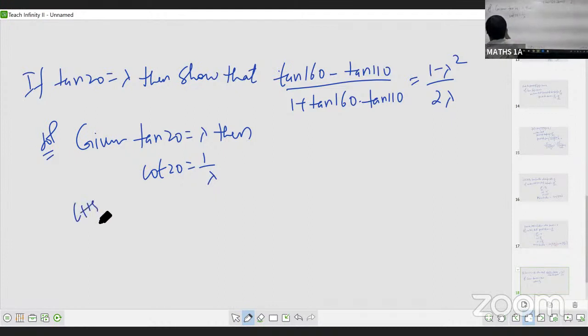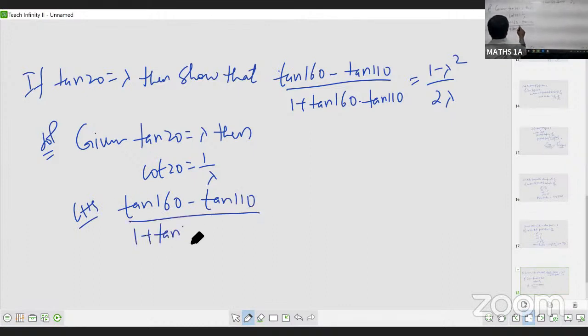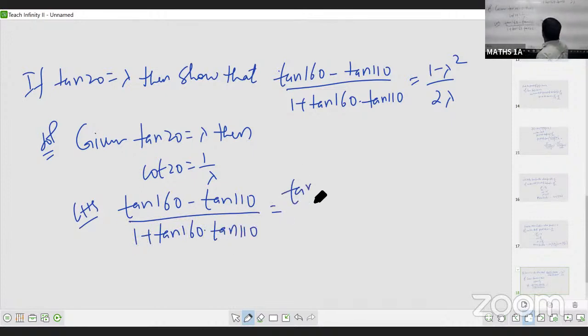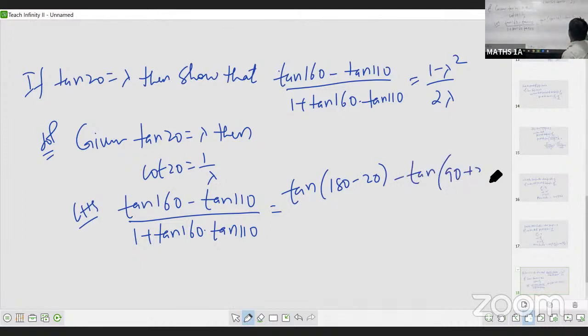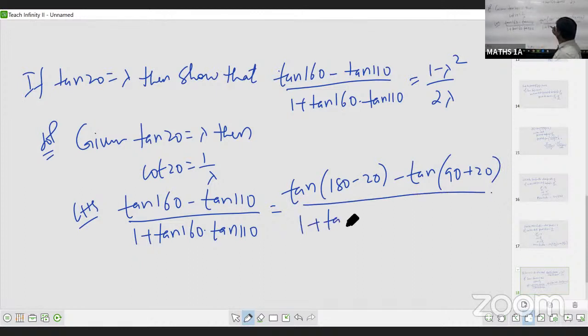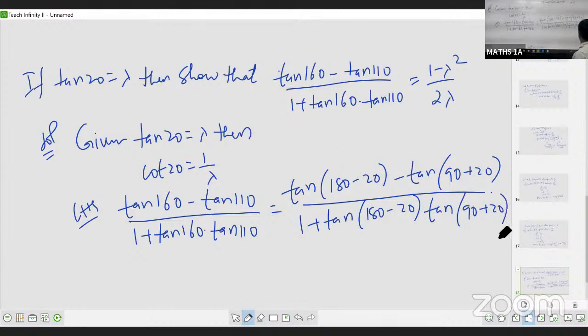Now take the LHS part: tan 160 minus tan 110 divided by 1 plus tan 160 into tan 110. I will write tan 160 as tan of 180 minus 20, and express in terms of 20 because tan 20 we know. Minus tan of 90 plus 20, divided by 1 plus tan of 180 minus 20 into tan of 90 plus 20.